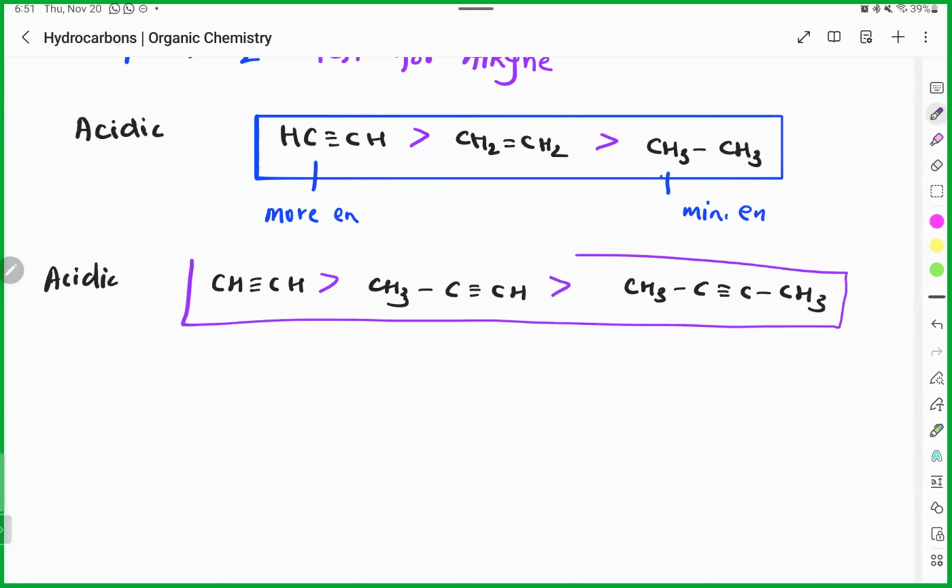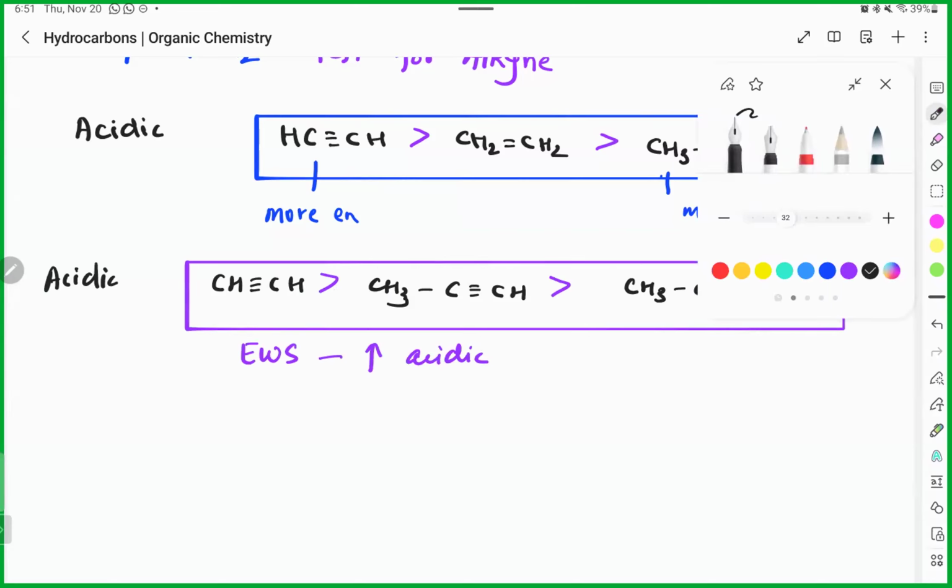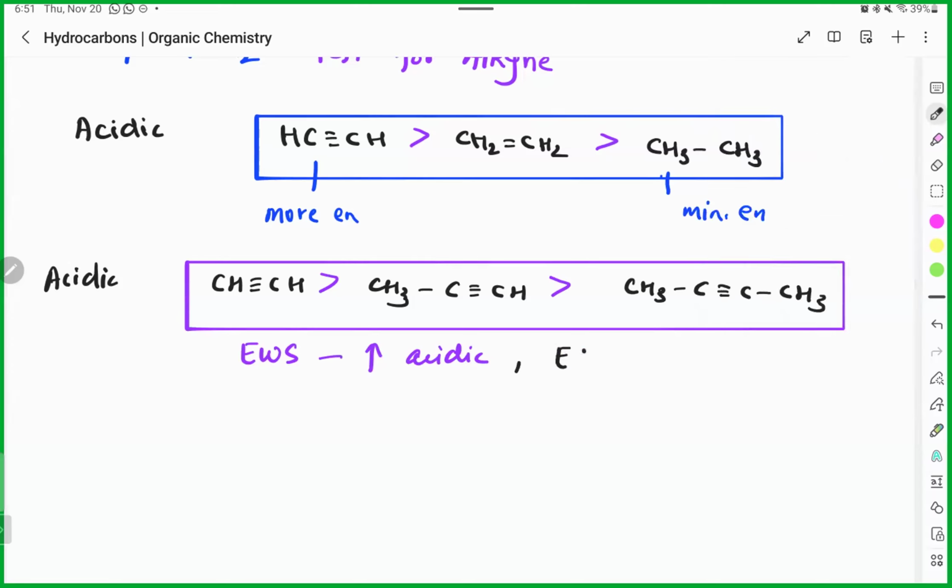Because I mentioned minimum 10 times in GOC that electron withdrawing group increases acidic character. Correct? It means electron donating group will decrease acidic character. It means this CH3 group will decrease acidic character.